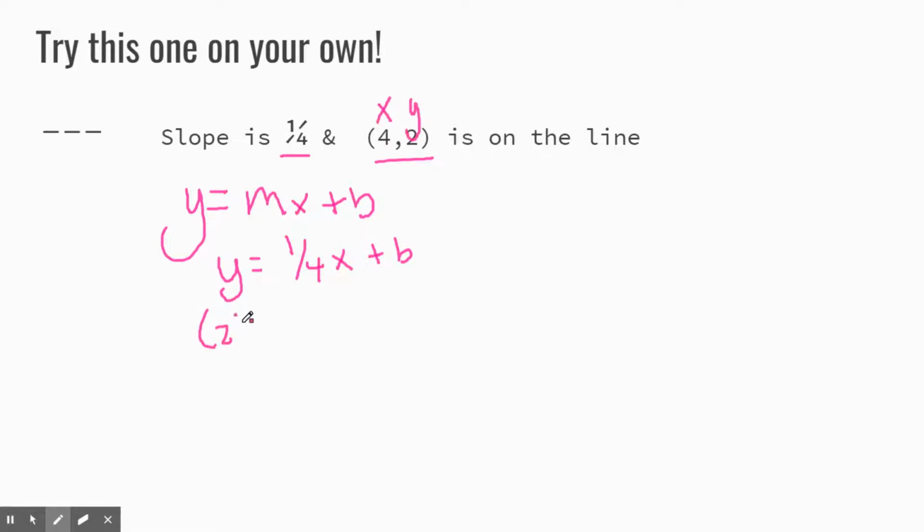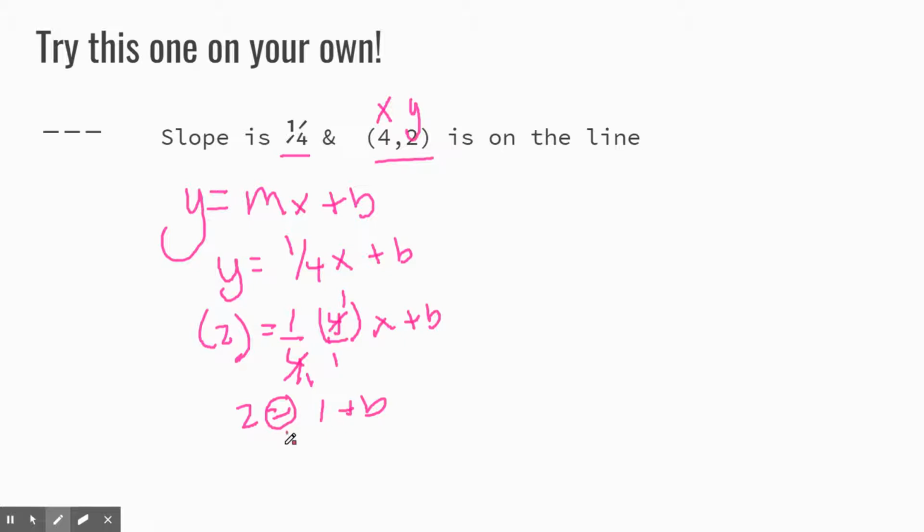So I have 2 equals 1/4 times 4, plus b. To multiply 4 times 1/4 together, I have to put 4 over 1. I can then cross reduce, and that's 1 and 1. So now I have 2 equals 1 times 1 is 1, plus b.